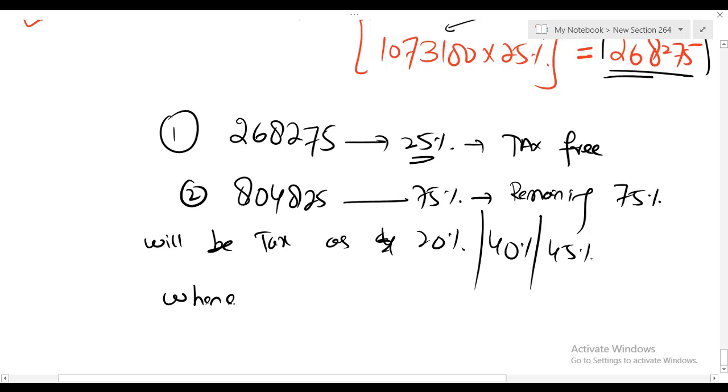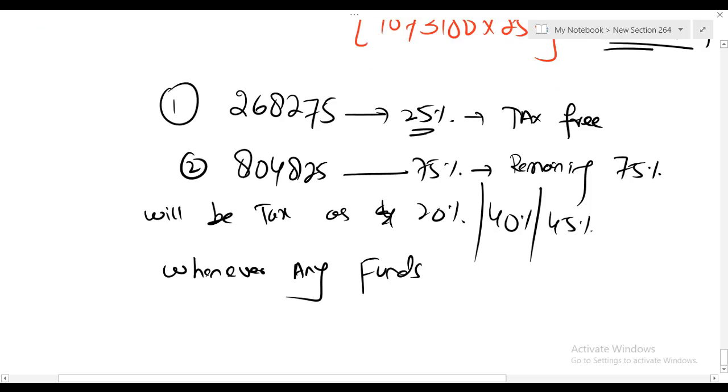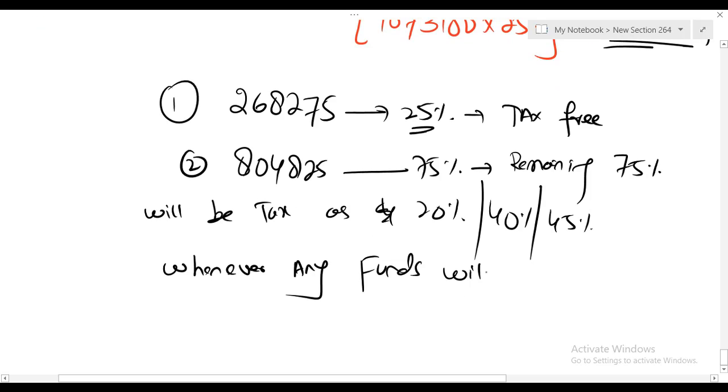Whenever any funds are withdrawn from the 75%, the individual will have to pay tax, either 20, 40 or 45.